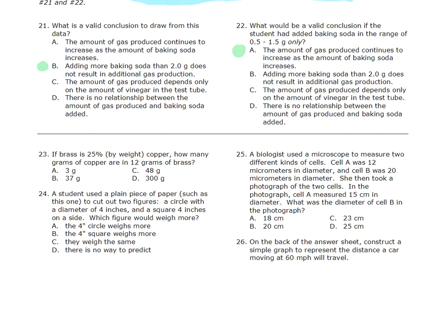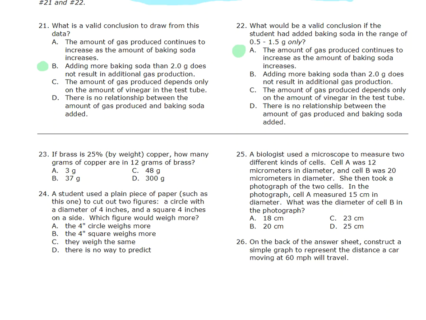23 is a math problem where you have to create the algebraic equation to solve it. So for 23, it says if brass is 25%, or a quarter, by weight of copper, and it should really say by mass, but by mass or by weight of copper, how many grams of copper are in 12 grams of brass?